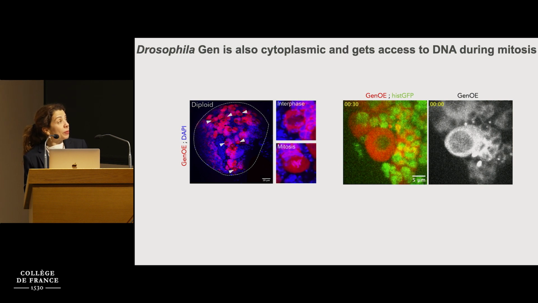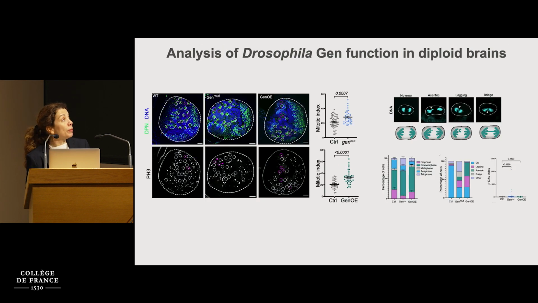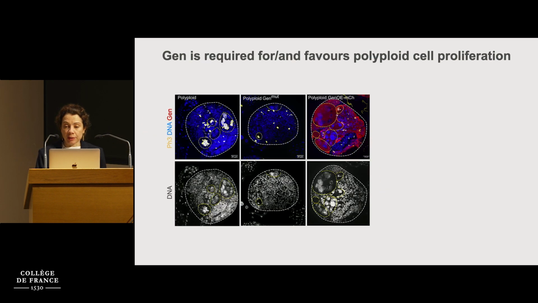And to our surprise, the Gen mutant is viable and fertile with a few mitotic errors, but nothing really major. If we overexpress Gen, it's also viable, although cells spend more time in mitosis, just like in the mutant, and there are a few chromosome behavior defects during mitosis, but not a huge increase in DNA damage in the diploid condition, so in the mutant or overexpression.